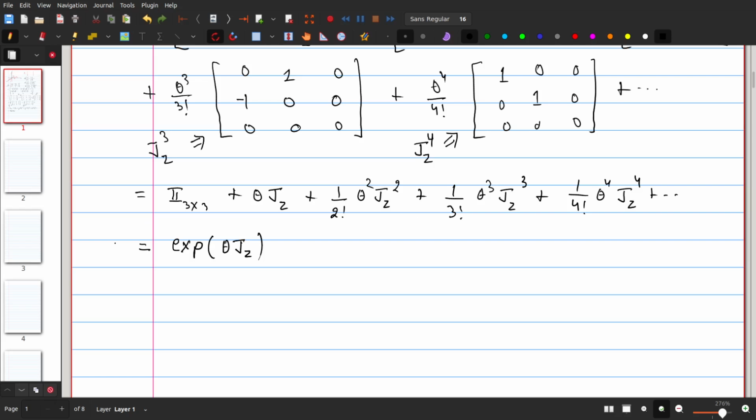So we have written our rotation about the z-axis by an angle theta as exponential theta jz, where jz is the matrix 0 minus 1 0 1 0 0 0 0 0.